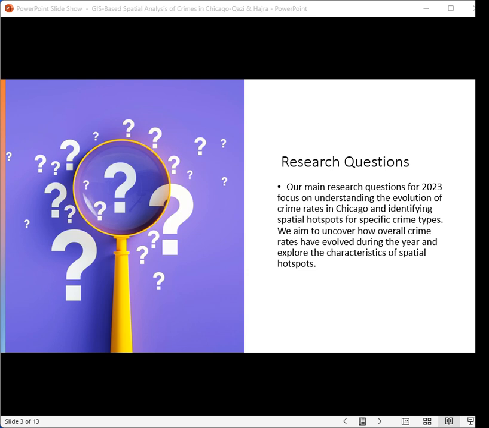In our analysis of crime rates throughout 2023, we identified different types of methods to solve these questions.